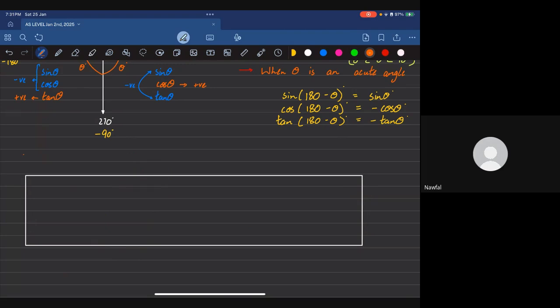What are those? We'll see. Exact values are really useful, and you're going to use a lot of them in trigonometry as well.